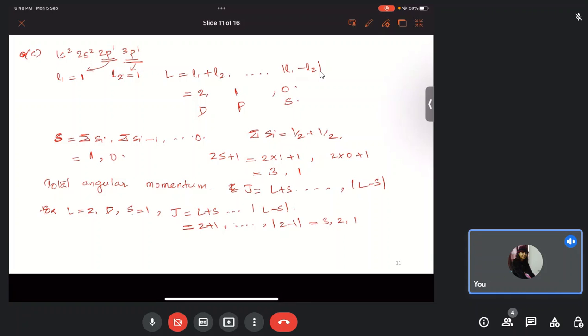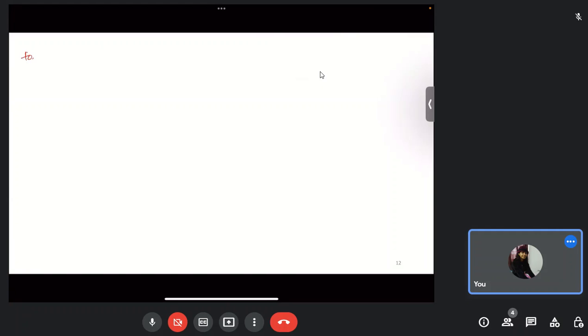The symbols corresponding to that are 3D3, 3D2, 3D1, and then for L equal to 2 and S equal to 0.